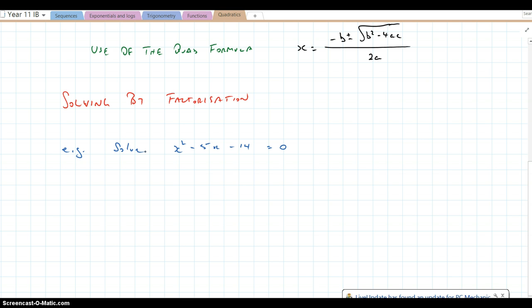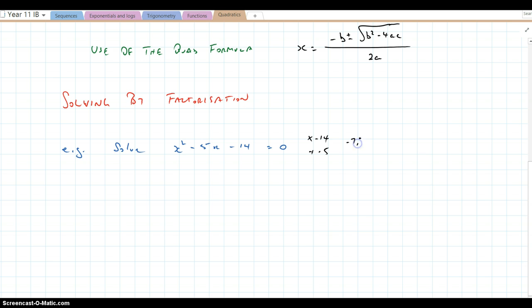Righto. Don't expect there to be too much trouble with this. But just so that we're right from the outset, we're not assuming too much. We're looking for 2 numbers here that multiply to minus 14 and add to minus 5. So multiply to minus 14, add to minus 5. What are those 2 numbers? Let me think.